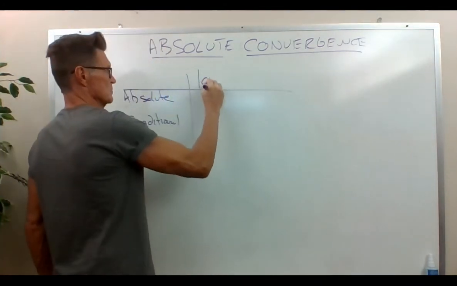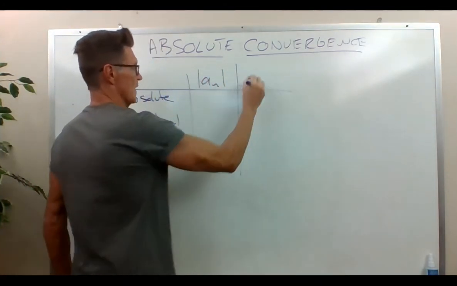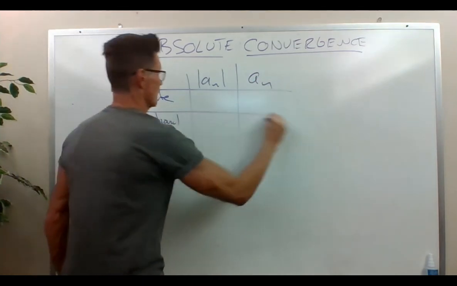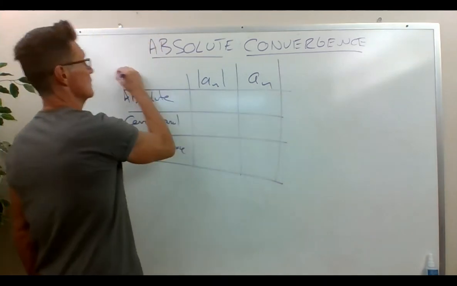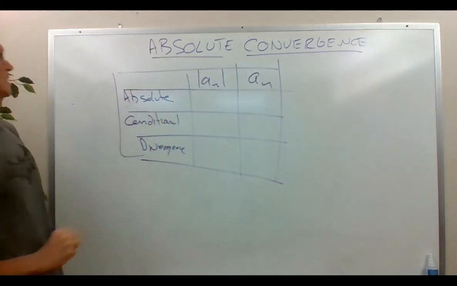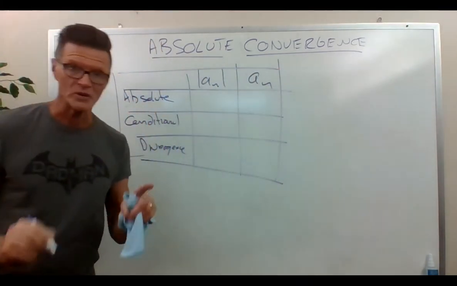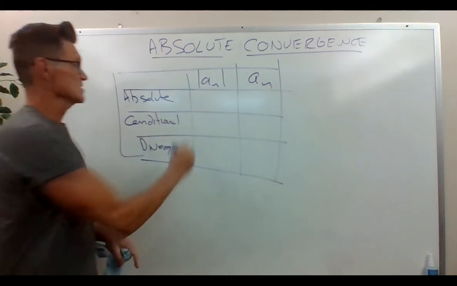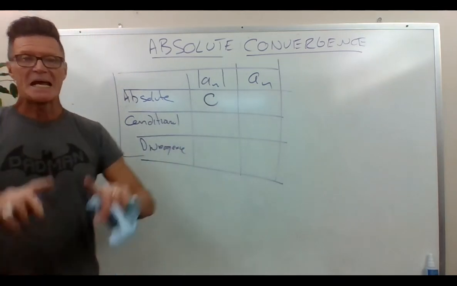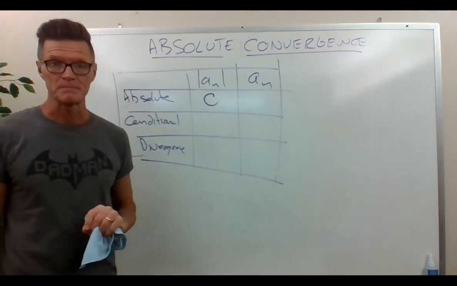And we have the absolute value of a sub n and a sub n. The way that I use this little chart is if the absolute value of a sub n converges, it converges absolutely.